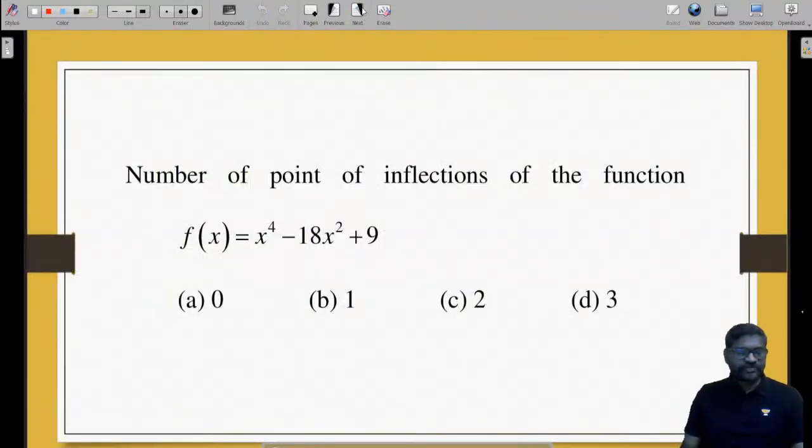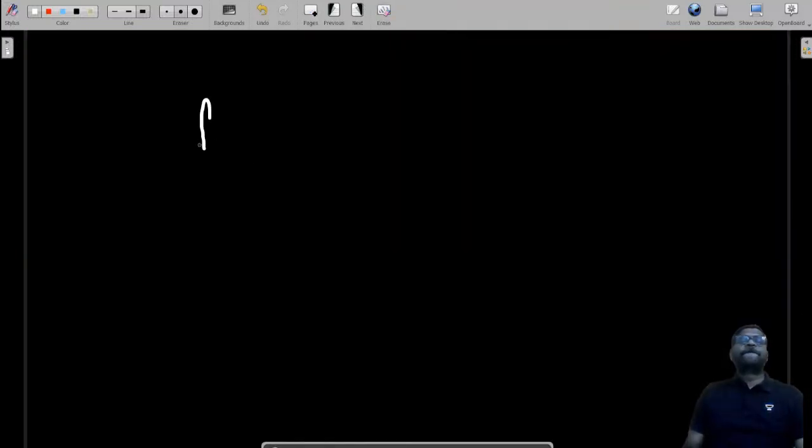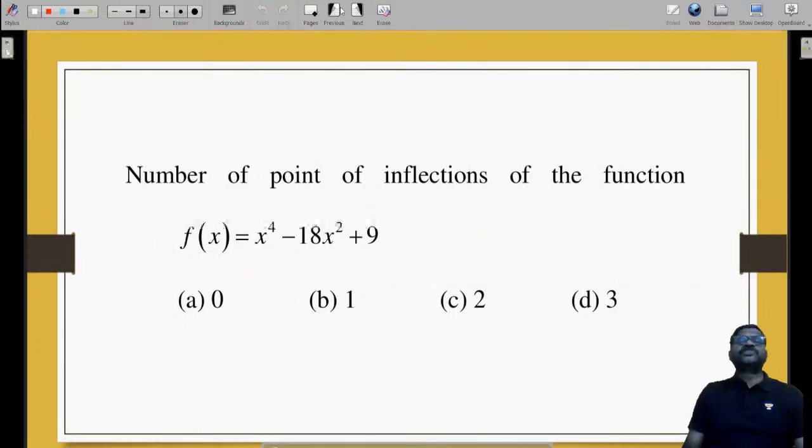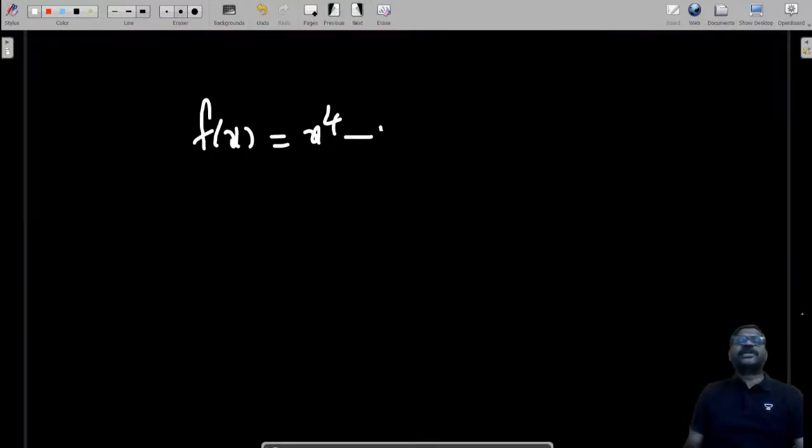Next problem. The number of points of inflection for the function f of x is x power 4 minus 18x square plus 9.